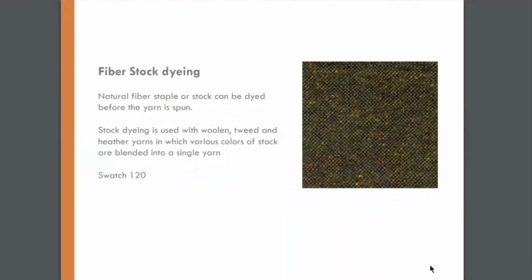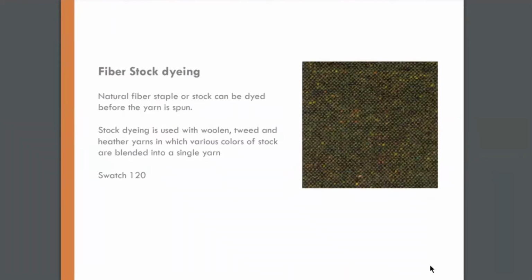There's a term called fiber stock dyeing, and if you are following along in your textbook, this is swatch number 120. So in swatch number 120, note that this is polyester.